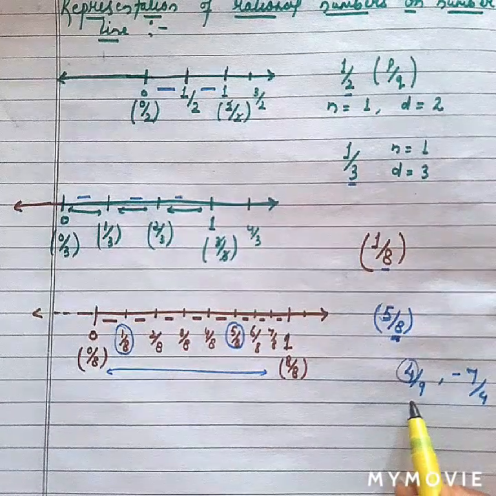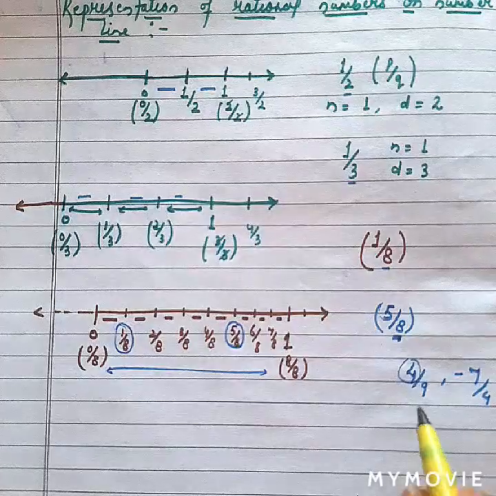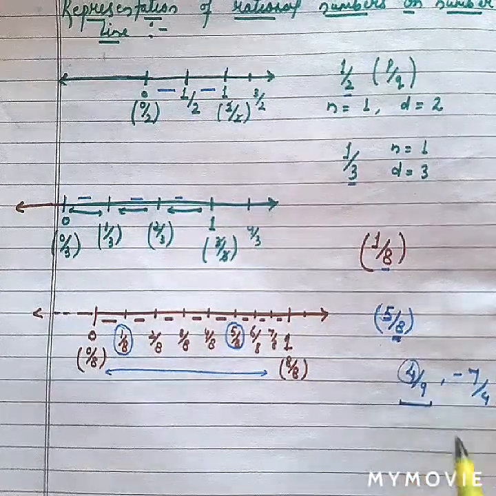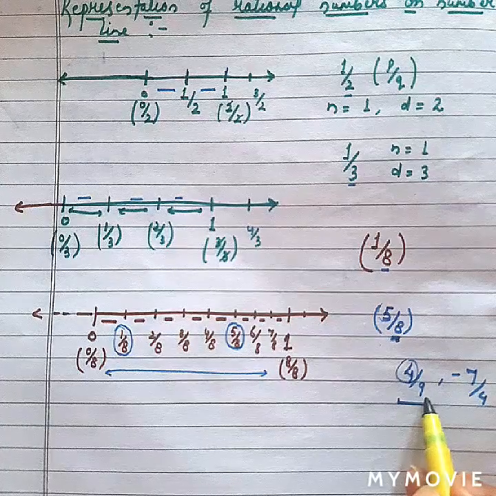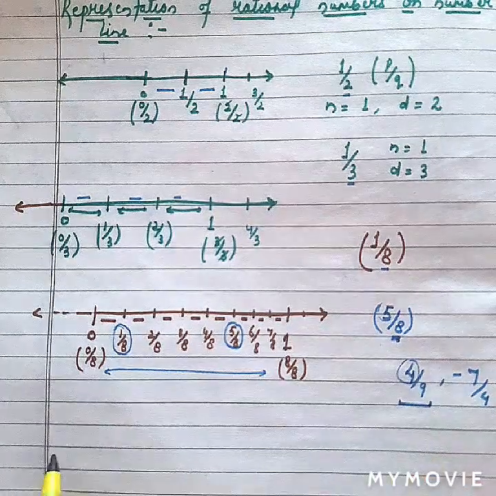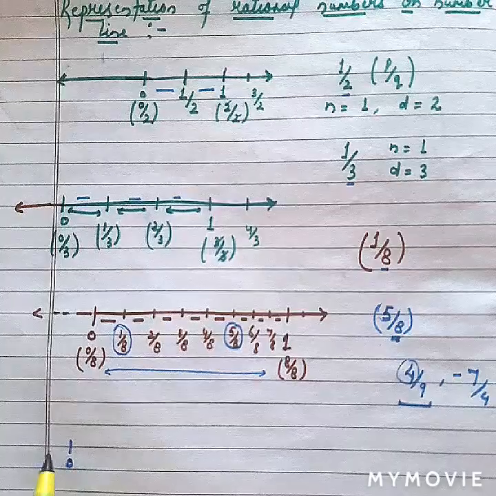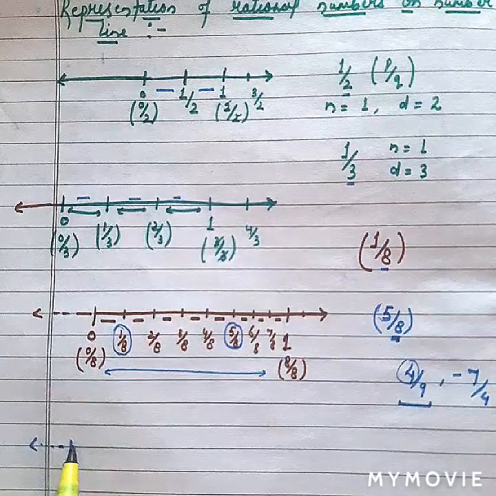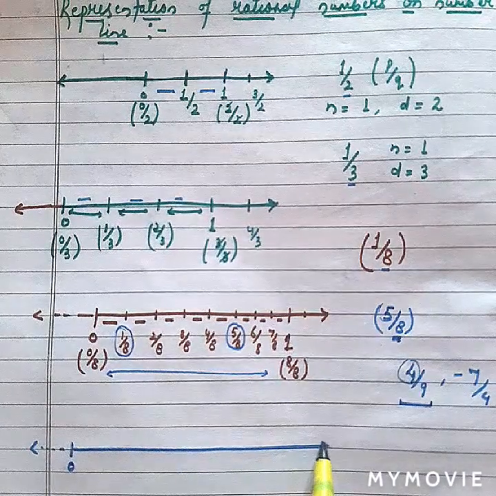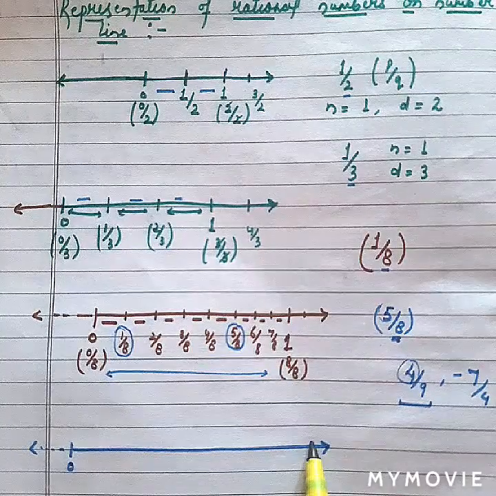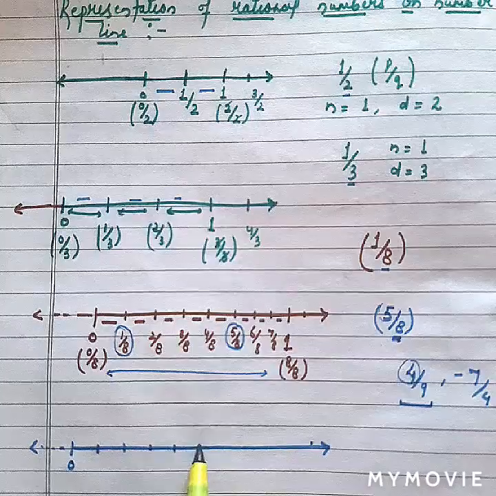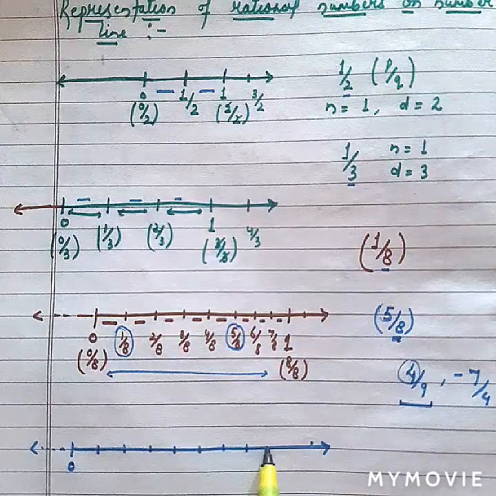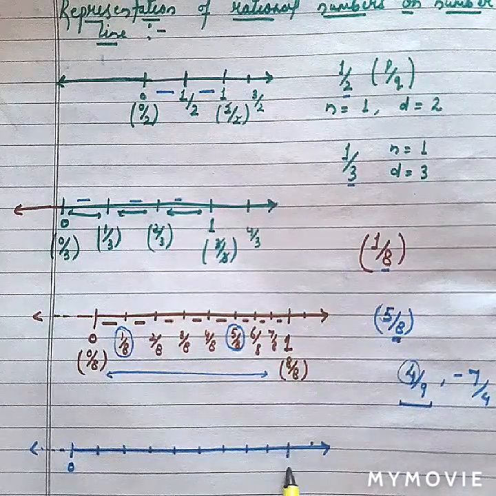Now we have 4 upon 9. First of all, it is clear from the value of the denominator that we are dividing the unit value into 9 parts. Take this value. We are dividing the unit place into 9 parts: 1, 2, 3, 4, 5, 6, 7, 8, 9.